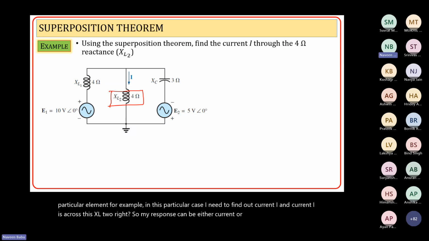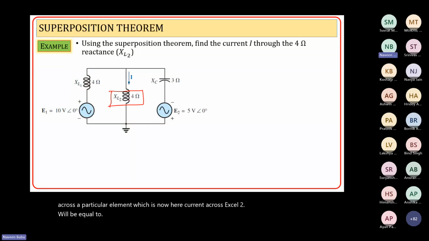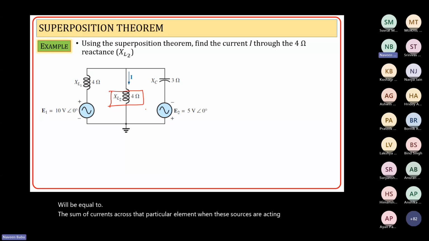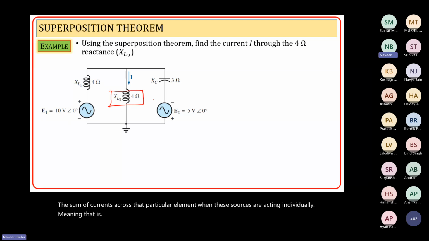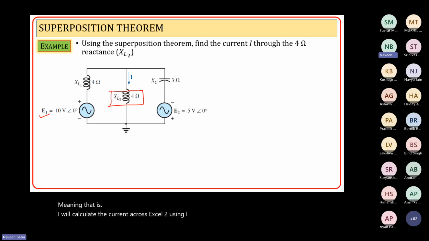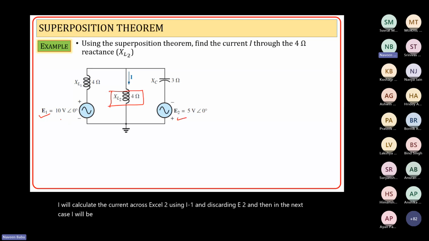The response across a particular element, which is now here the current across XL2, will be equal to the sum of currents across that particular element when these sources are acting individually. Meaning, I will calculate the current across XL2 using E1 and discarding E2. And then in the next case, I will be using E2 and discarding E1.